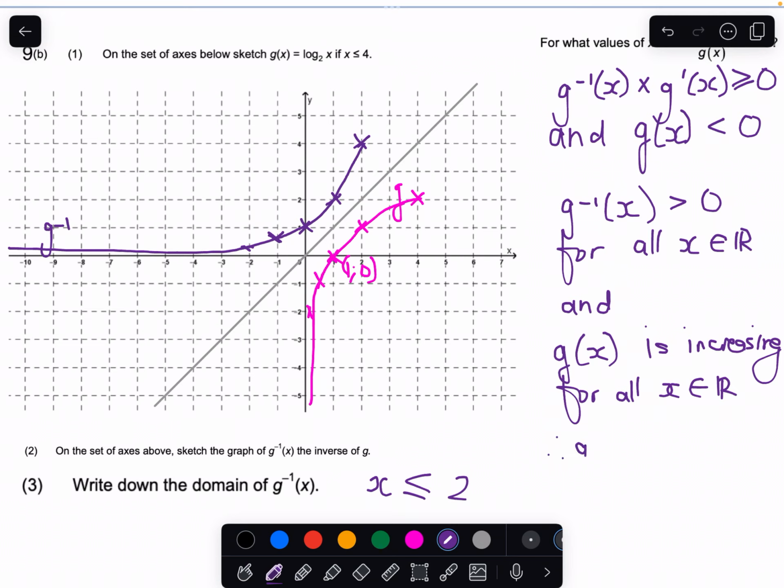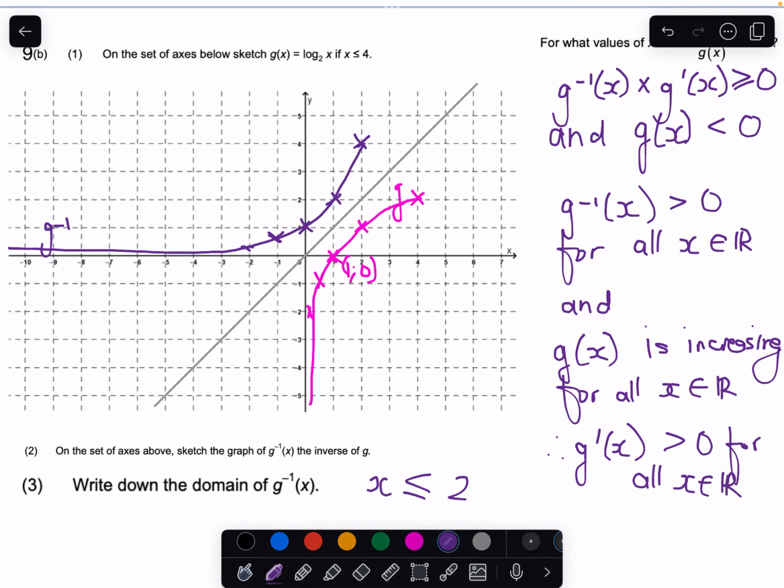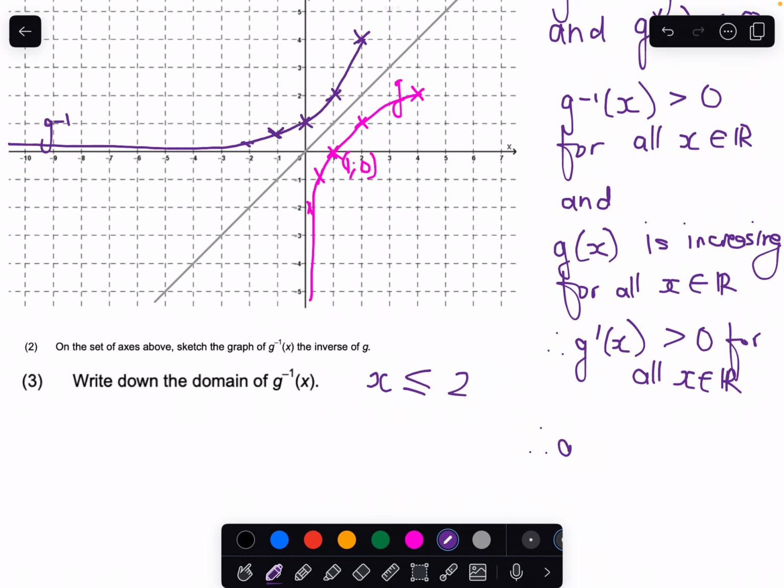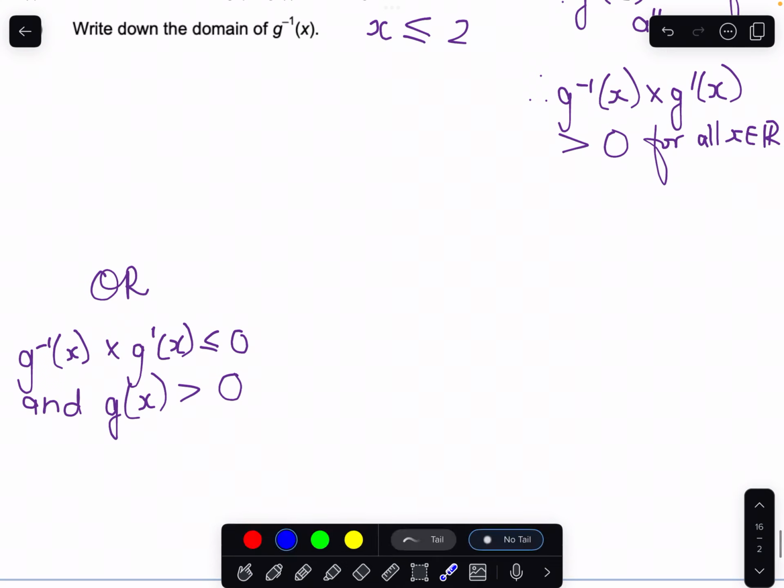Therefore g prime x is greater than 0 for all x in the domain. So therefore the inverse of g times g prime x is always positive. So we don't even need to consider the second case where we're looking at where it's negative, because that's just not going to happen.